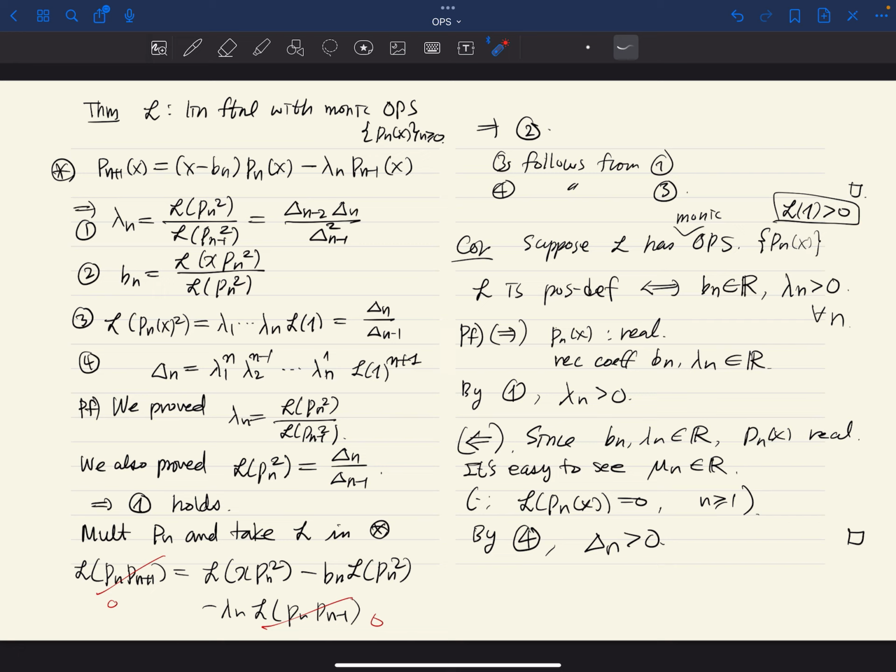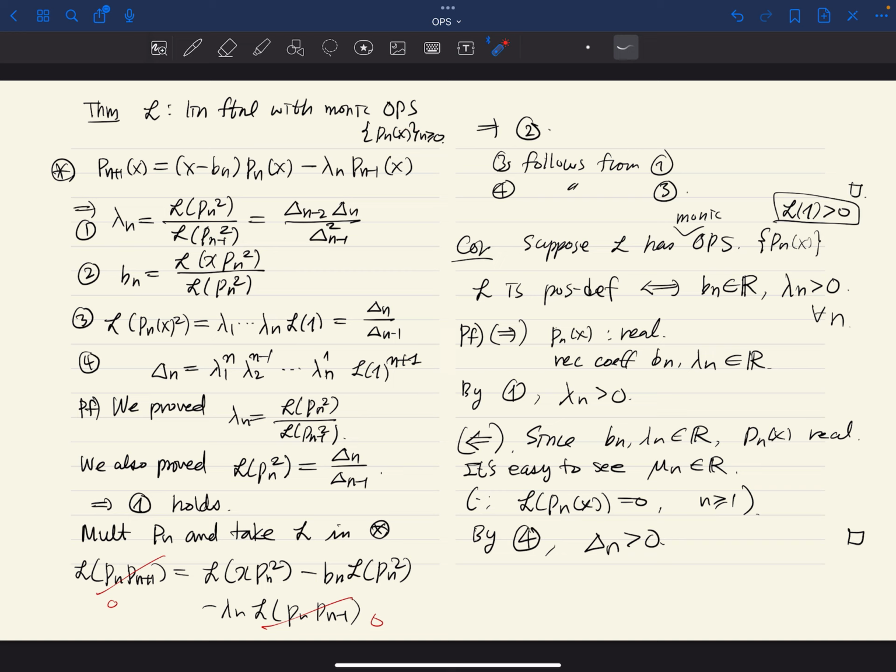So, we have three-term recurrence for orthogonal polynomials, but the statement assumes that these are monic. But oftentimes, if you look at the literature, especially in analysis and physics, the orthogonal polynomials they're using are usually not monic.